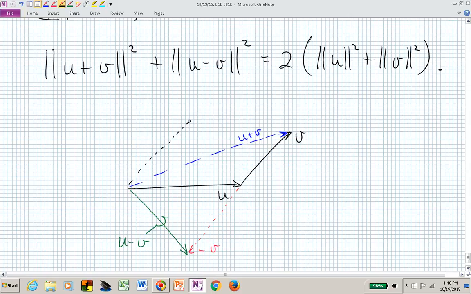Let's say that we now had v there, which we could draw, and this is u. Do you see that this green u minus v is the same as that vector if I had sketched it properly? This is now u minus v.